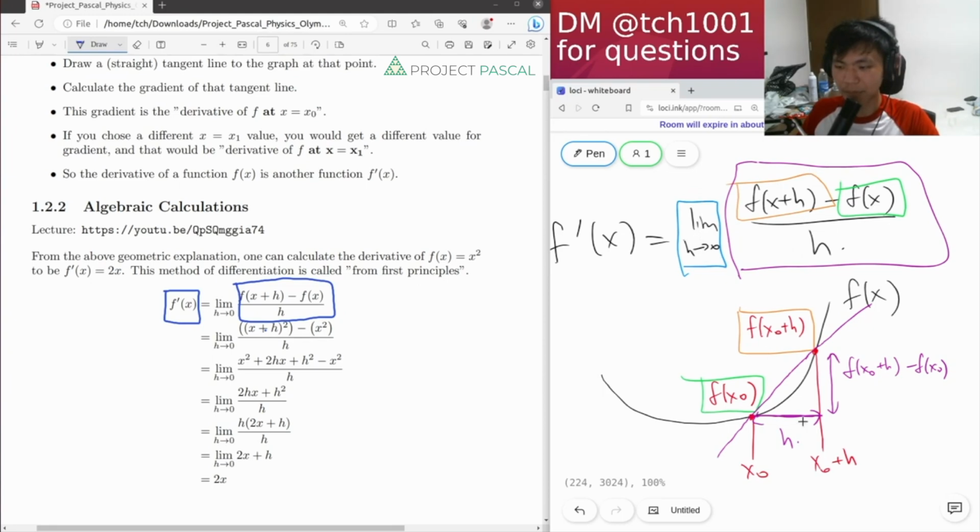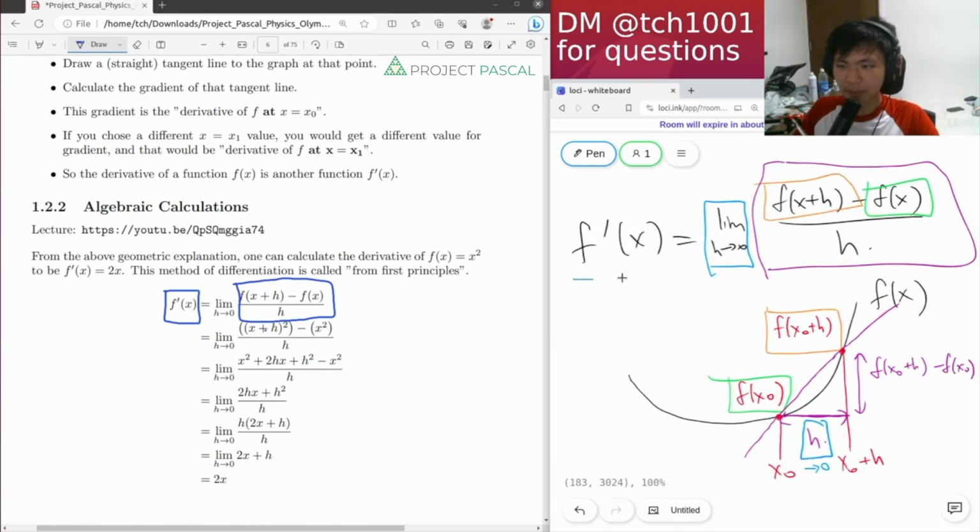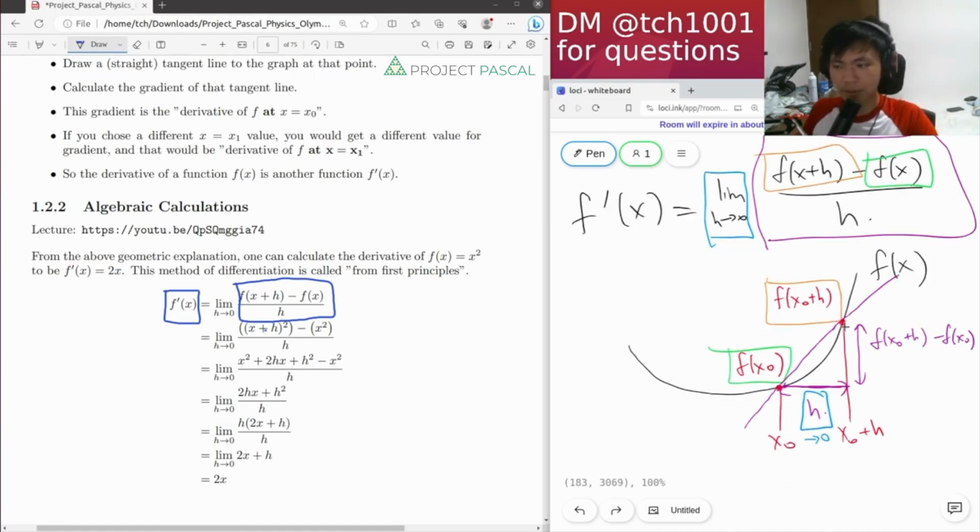And what happens when h approaches 0? This quantity over here shrinks to 0, and the two red lines over here get closer and closer. In other words, the definition of the derivative of a function is actually just the rise over run of 2 points as the 2 points approach closer and closer. And in this case, as the 2 points approach each other, the purple line over here becomes a tangent line. So that's how we define differentiation from first principles.